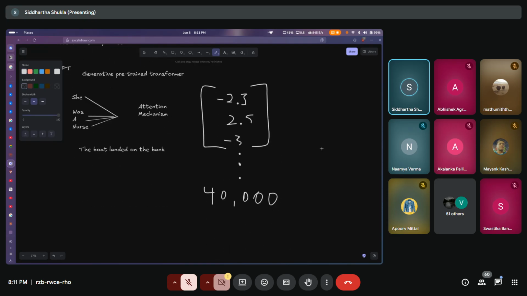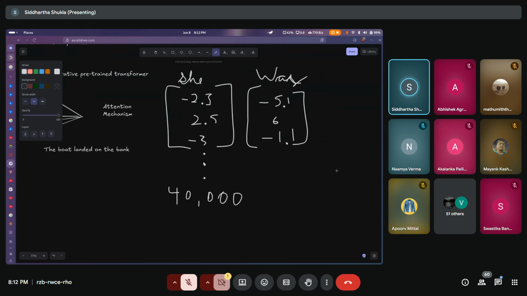Anyway, moving on. Then we have a mapping for "was". So this is the mapping for "she", and this is "was". Excuse my handwriting. Let's say this is 5.16 and minus 1.1.